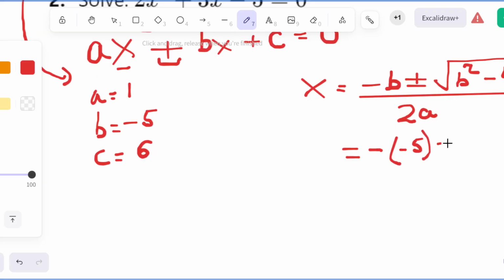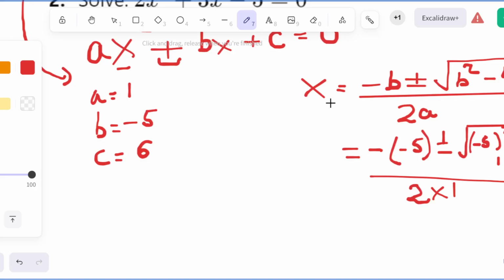Plus minus square root, here you can write minus 5 square minus 4 times a, which is 1, times c, which is 6, right? Divide by 2a. 2a means 2 times 1. Make sense?